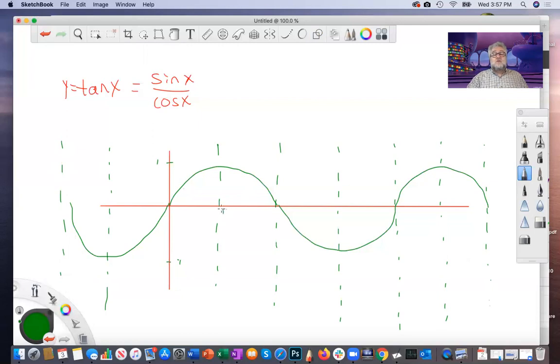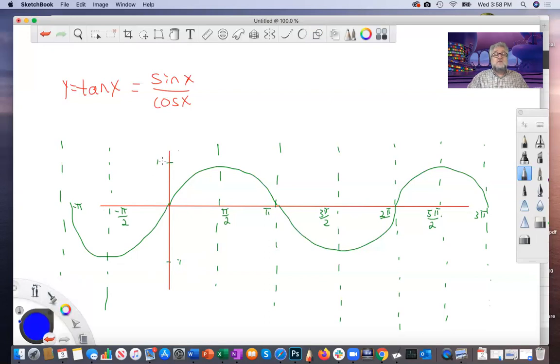So this is pi over 2, pi, 3 pi over 2, 2 pi, 5 pi over 2, 3 pi, and back this way, minus pi over 2, and it gets to 0 at minus pi. Okay, so there's our axis.